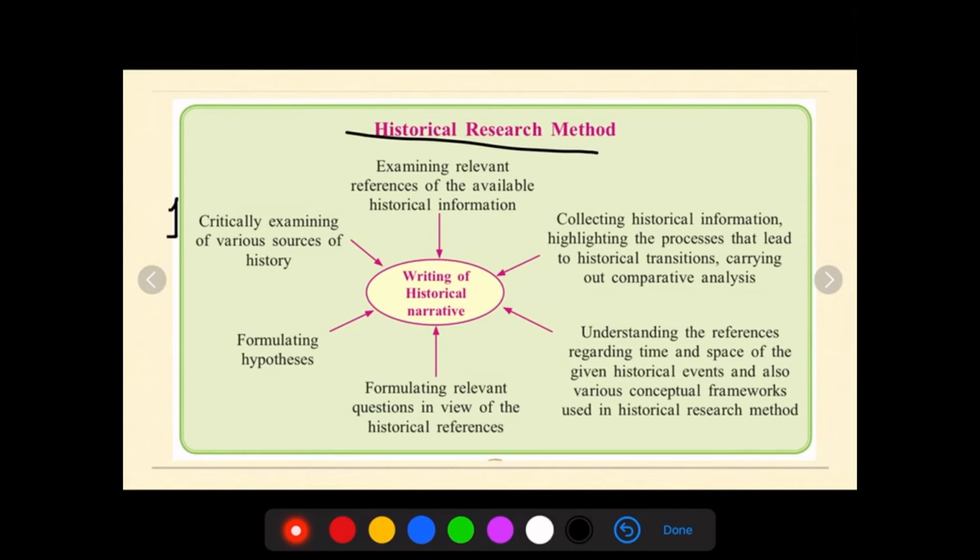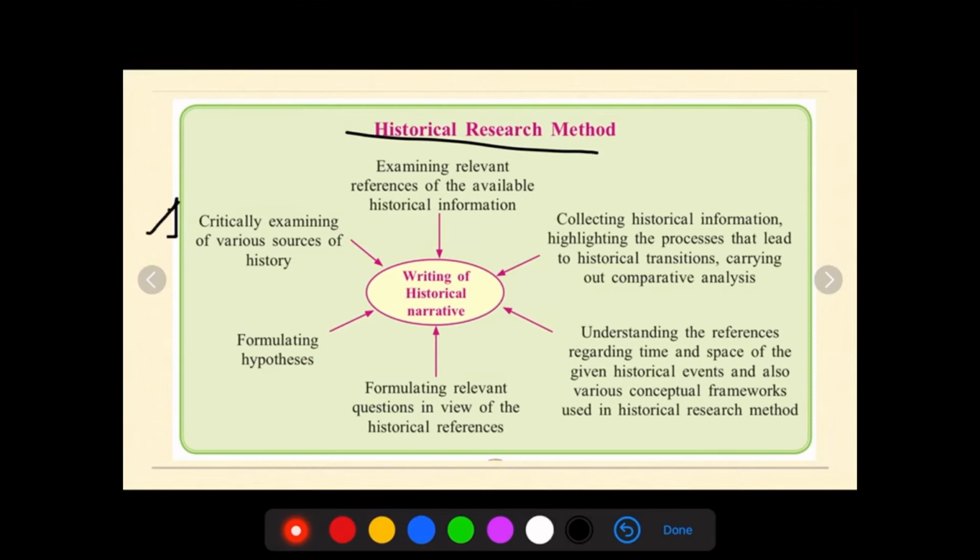So critically examining is a must. It should be checked whether the letter or anything which we found is right or wrong. So critical examining of various sources is a must.